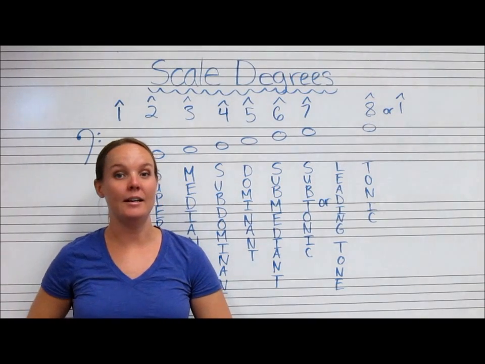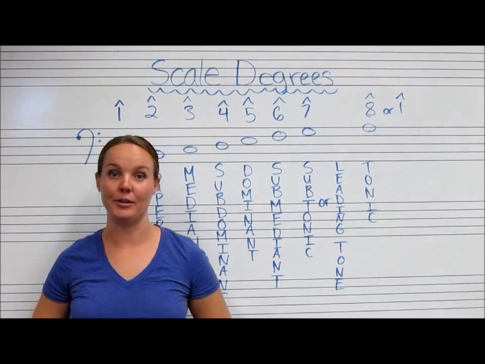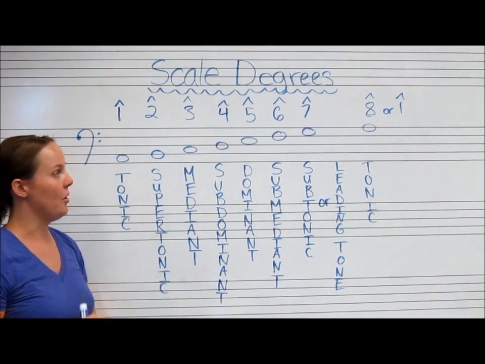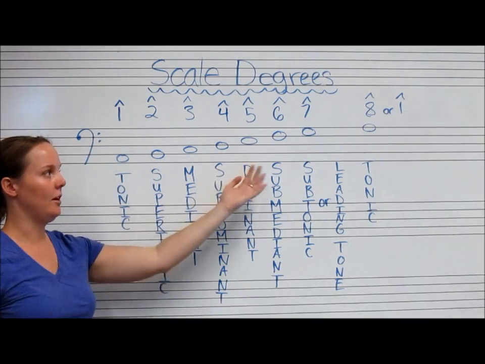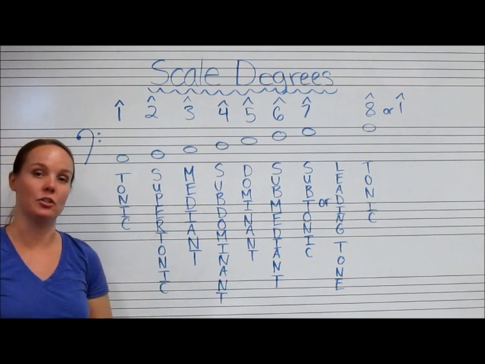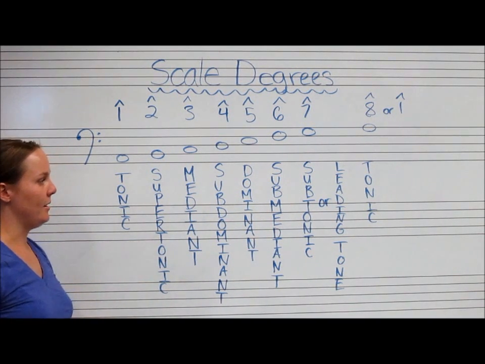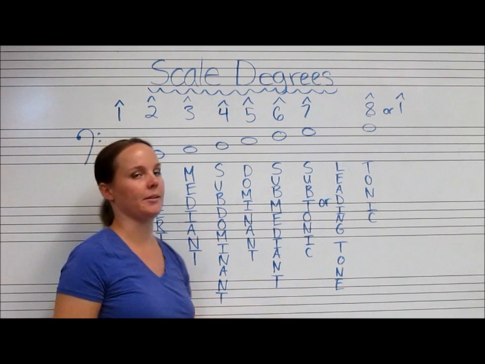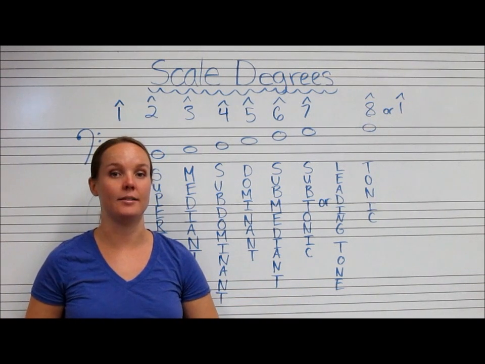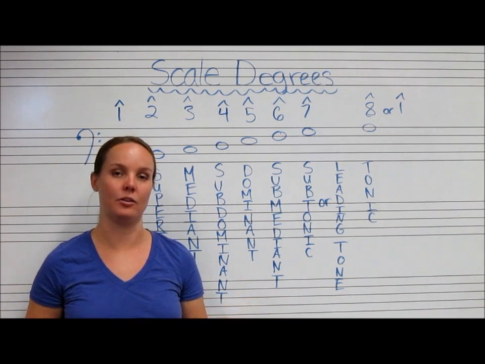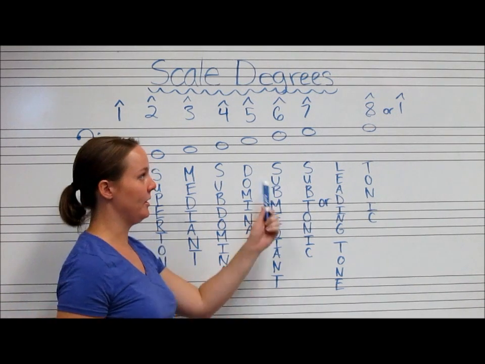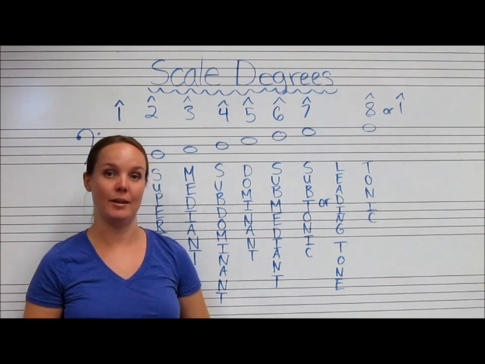Now we're going to take this A natural minor scale and make it a melodic minor scale. As we started, the A natural minor scale has no sharps or flats or any changed notes at all. To make it a melodic minor scale, all you have to do is raise the sixth and seventh scale degrees by a half step. For this particular scale, you can use a sharp sign to make that work.